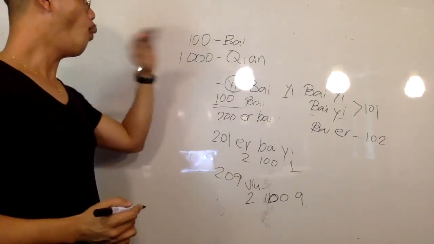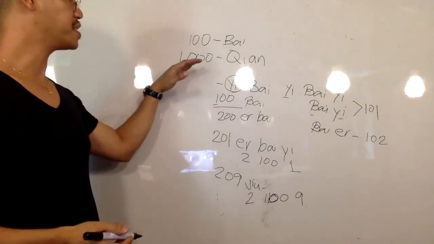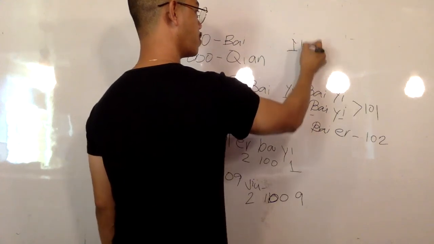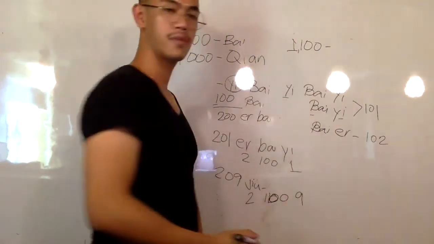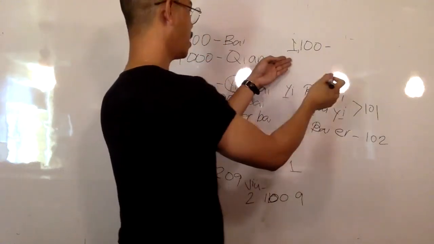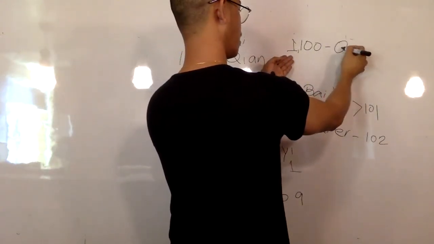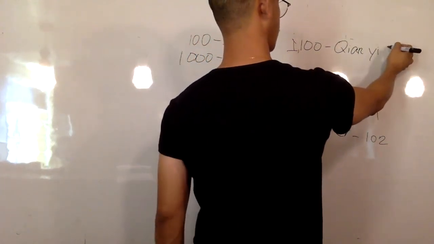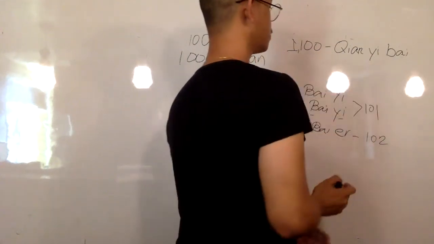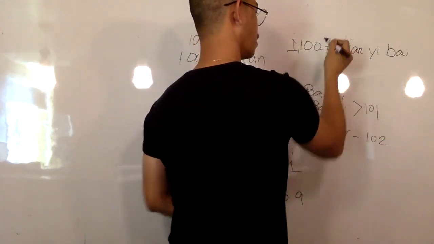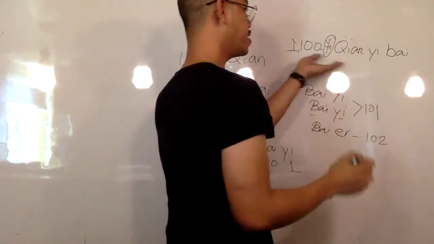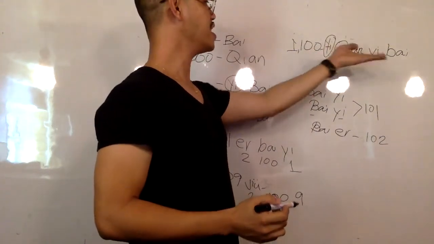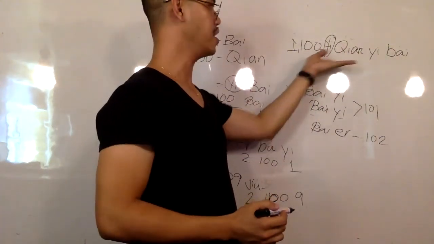So how do you say 1100? Remember, you can put yī here, but you can also omit the word yī because it is understandable that you're saying 1100.